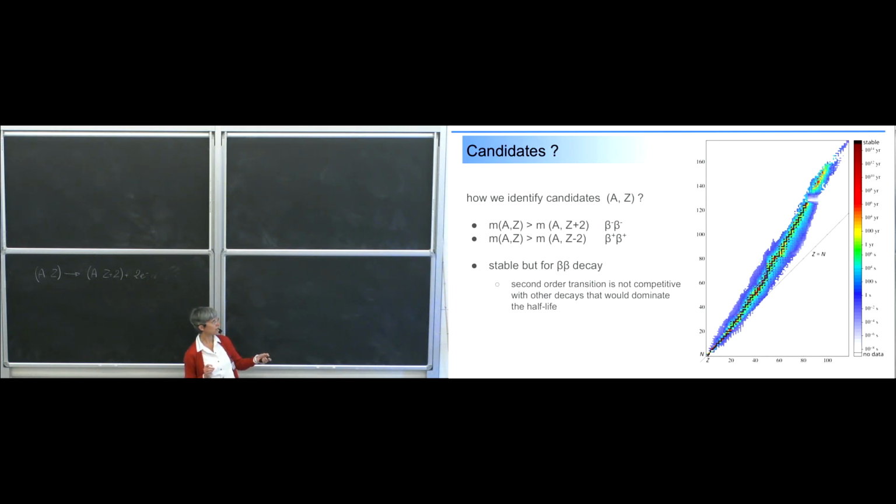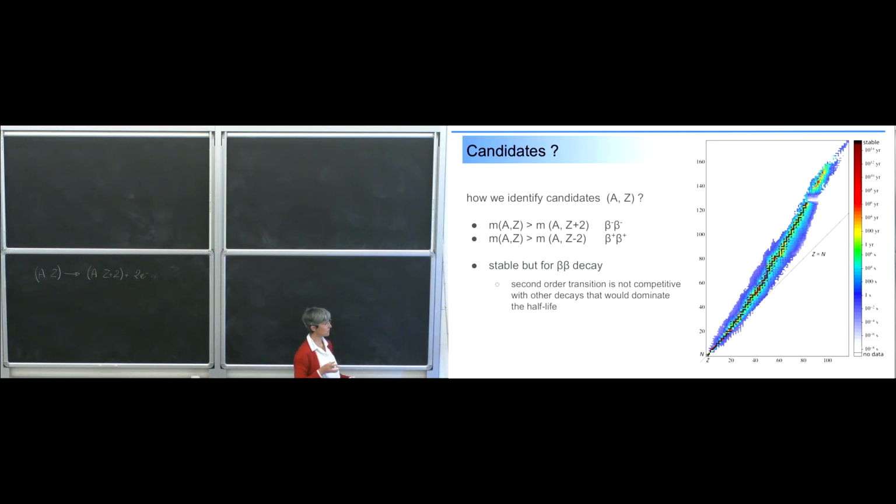You see here, I wrote the conditions for the double beta minus decay and double beta plus decay, and it's not exactly this, but okay, this is with greater than, and I have also a second condition that I want to be able to fulfill, that I want to select an isotope that is stable but for double beta decay.